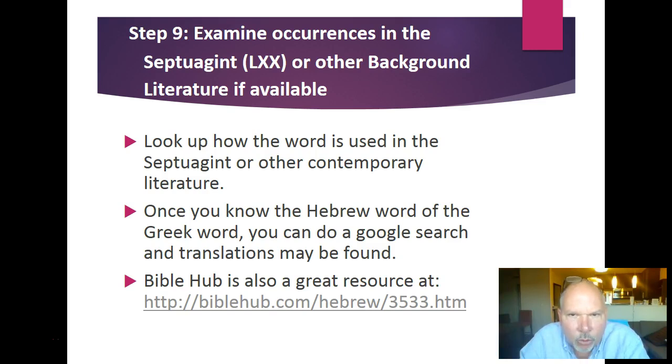So look up how the word is used in the Septuagint or other contemporary literature. Once you know the Hebrew word for each Greek word, you can do a Google search and translations may be found. Bible Hub is also a great resource. Just look up the Septuagint in Bible Hub.